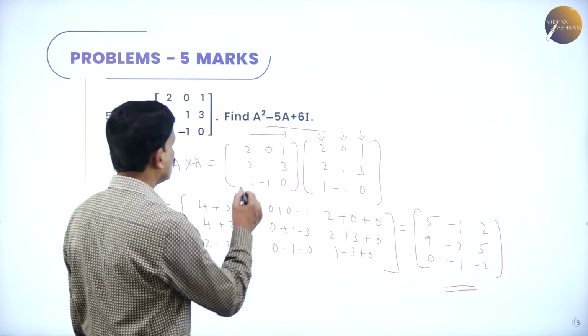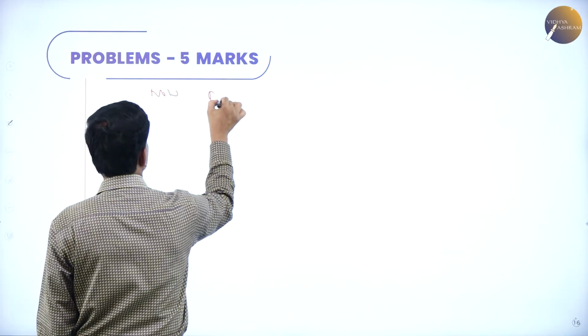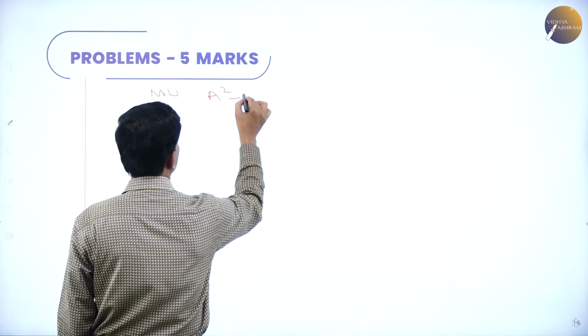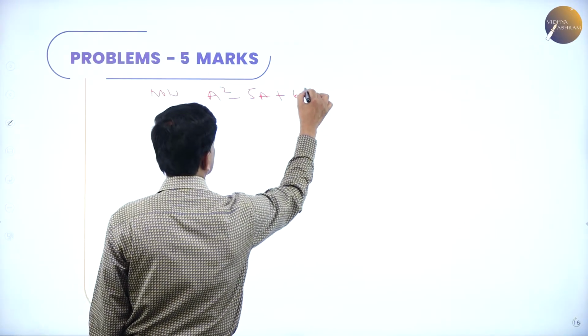Now come to this equation. Take A square minus 5A plus 6I.